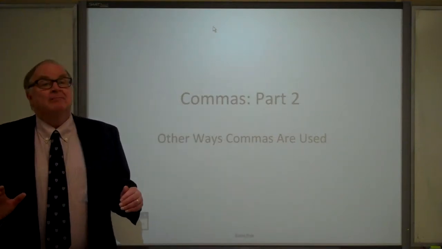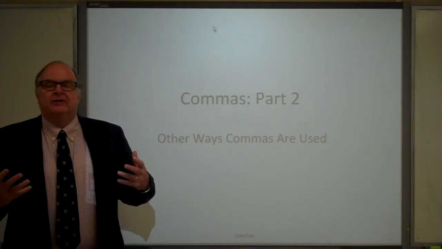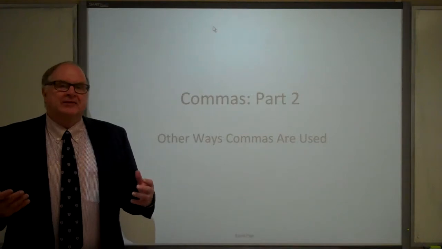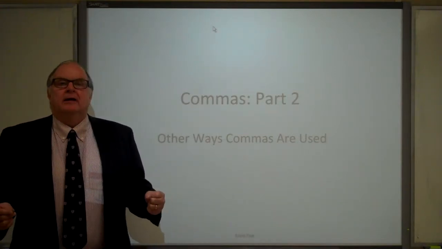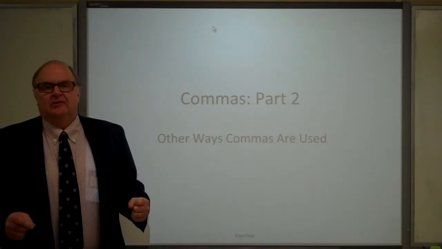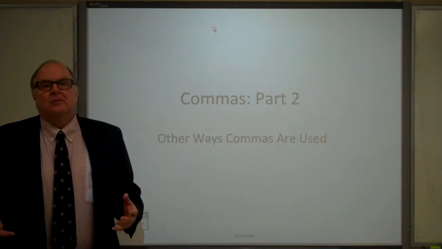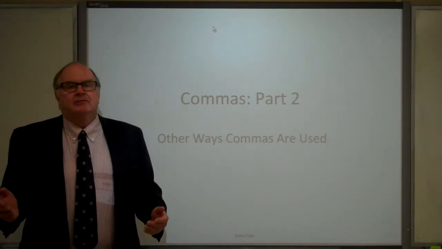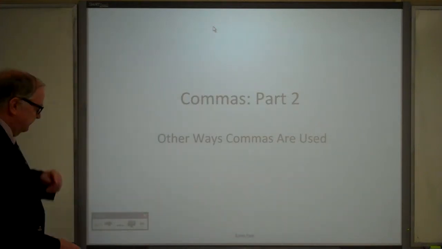If you think about it, they really do help us to visualize things and understand the logic of a particular sentence. They really are helpful aids as we read, and as you write as well, it helps you communicate effectively if you understand different ways that commas are used.